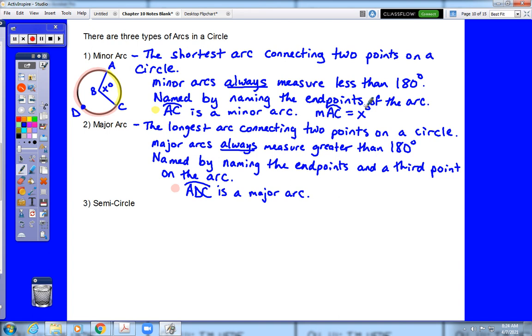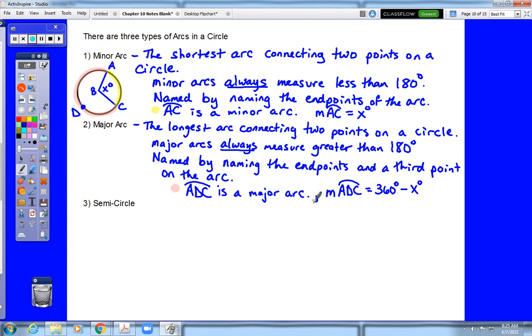Okay? What about the major arc? How would we figure out the major arcs? Yep, go for it, Macy. Good. The major arc, ADC, would be 360 degrees minus the central angle. Okay? That's how we would figure that out, because it would be the rest of the circle.